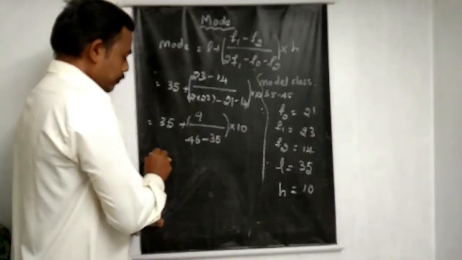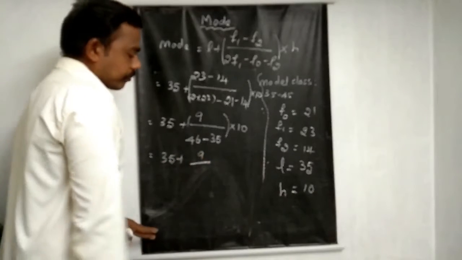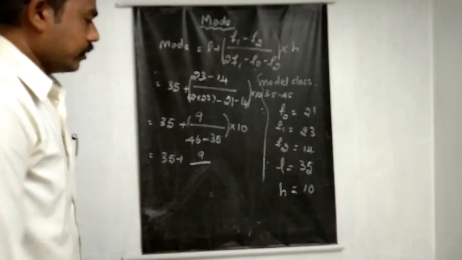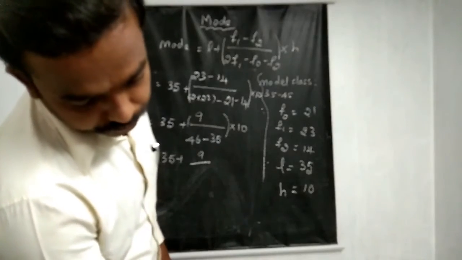So just do the simplification, 9 by 46 minus 35, so this is also the same value.